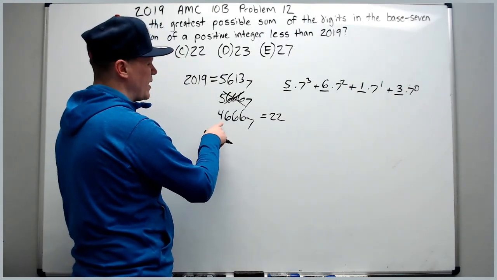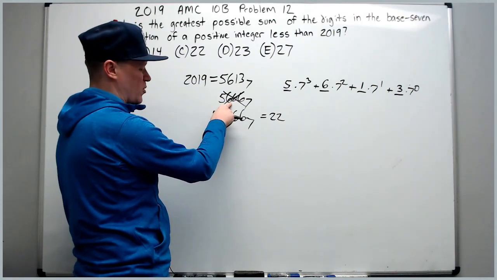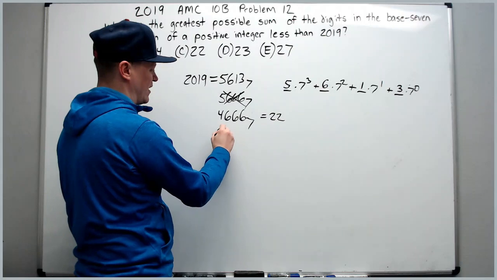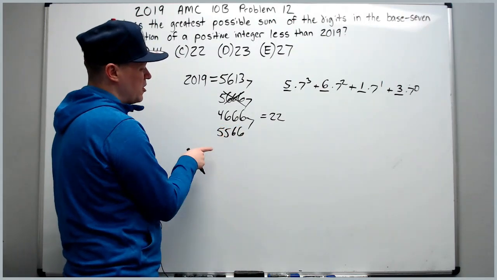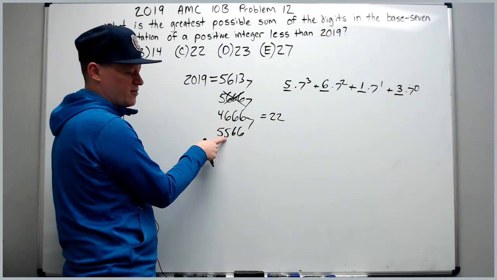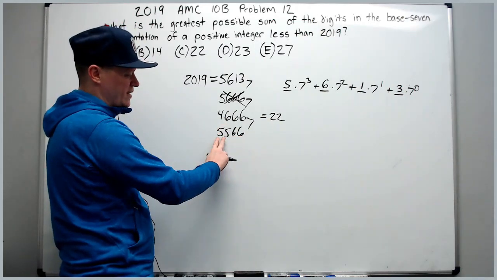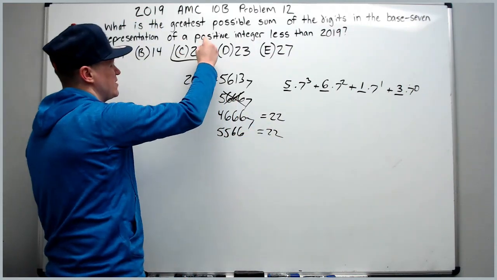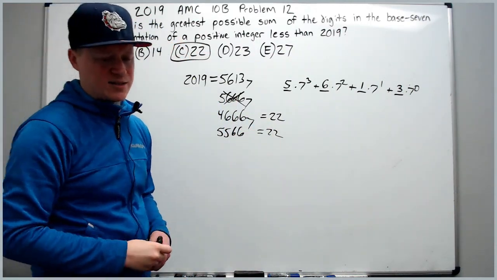So is there a way we could have a 5 instead of 6 right here? We could bring this 6 down to a 5 and have 5566. But clearly we've exchanged the 4 for a 5, which is plus 1, and the 6 for a 5, which is minus 1. Or we can simply add and realize it's also equal to 22, which will be our answer.